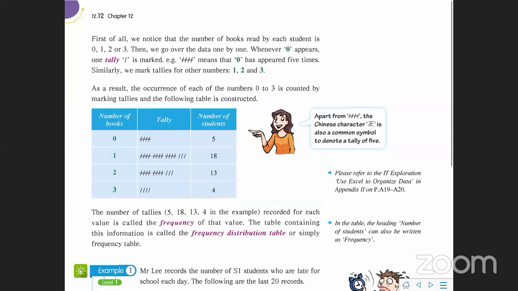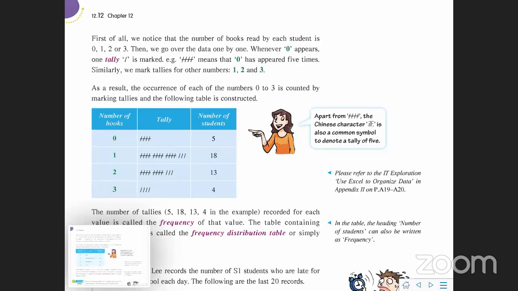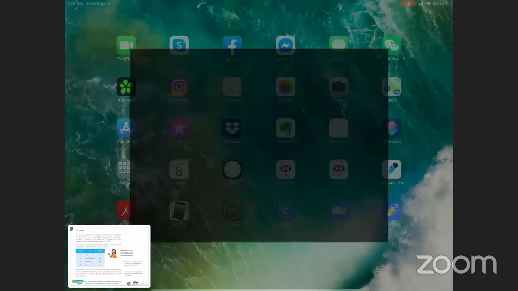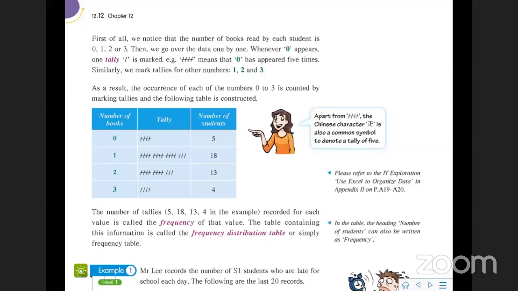Now, this one is called a tally. Maybe I think I should do something like that. And then if I share the photos like that, okay, finally done. Tally. Okay, can you see this one?